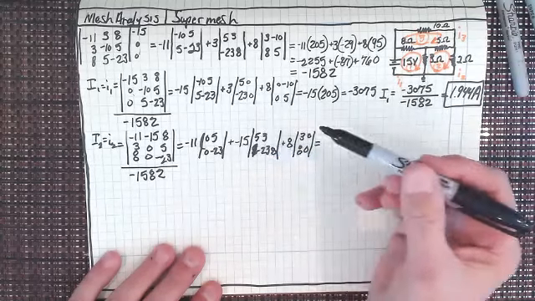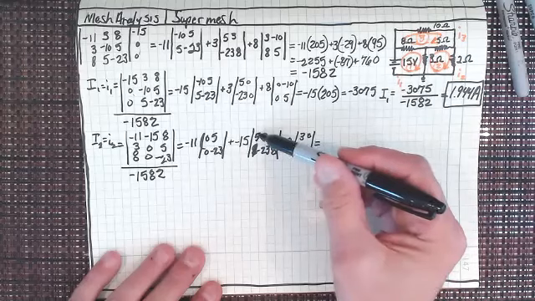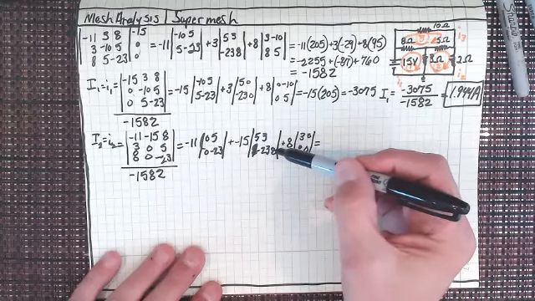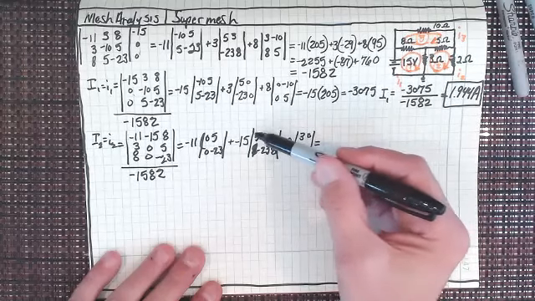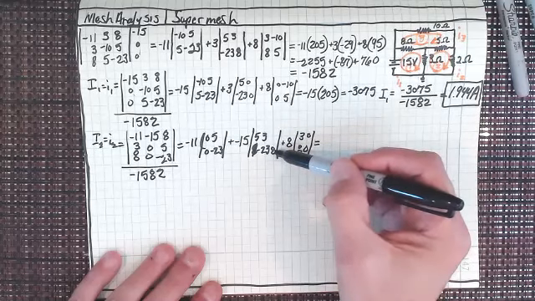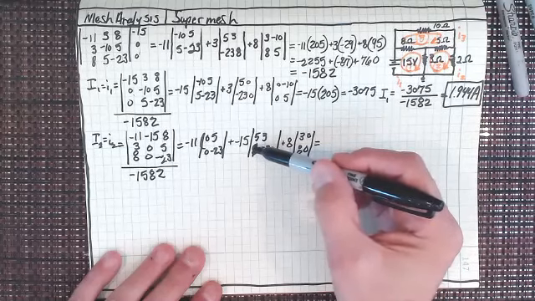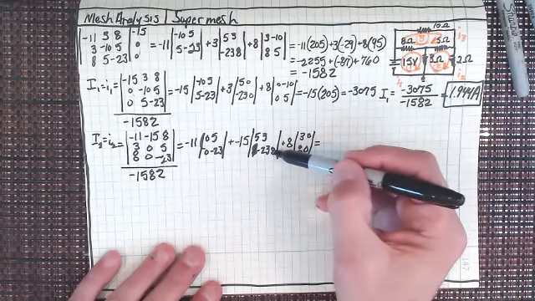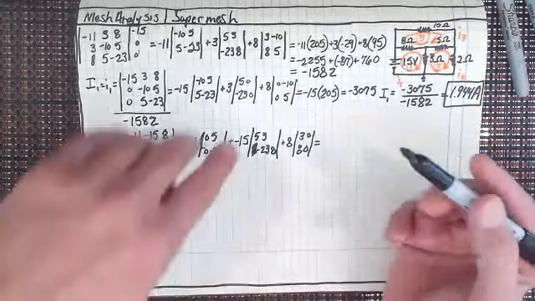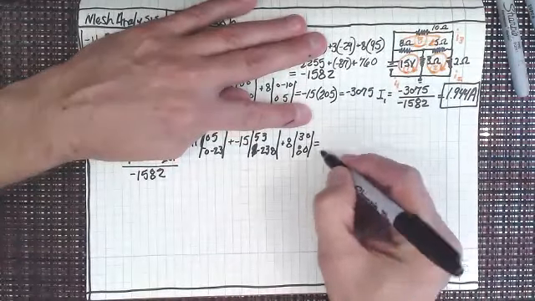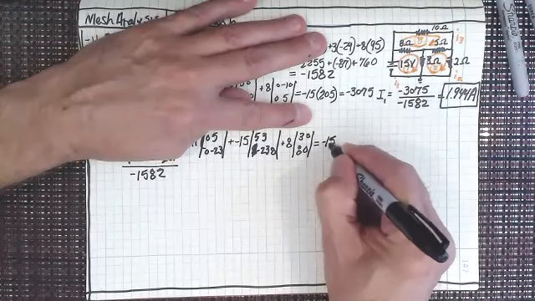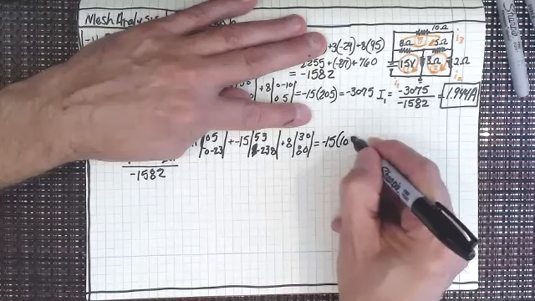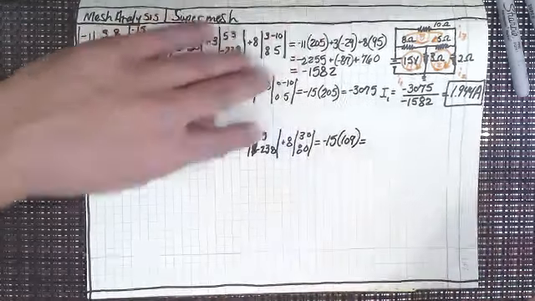So the only thing we really have is minus 15, 5 times 8, which is 40, minus a minus 69. So 40 plus 69 is 109, right? So minus 15 times 109.